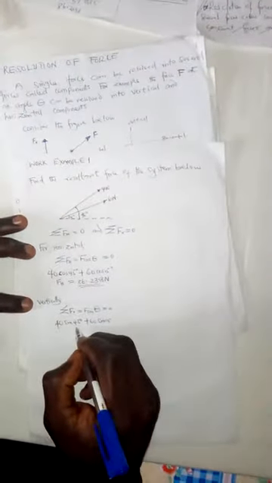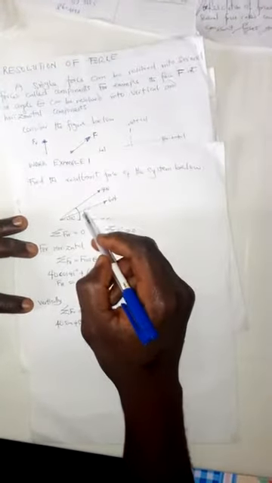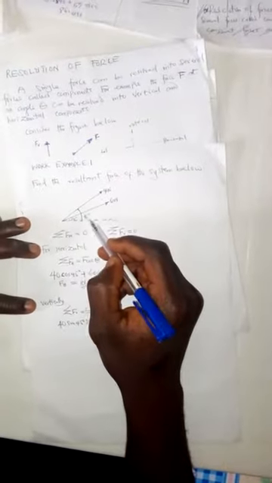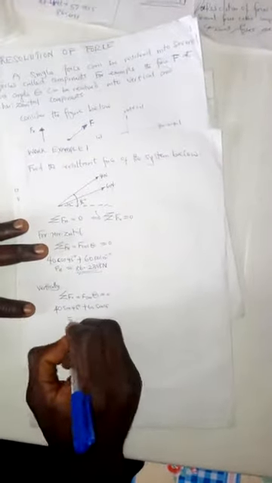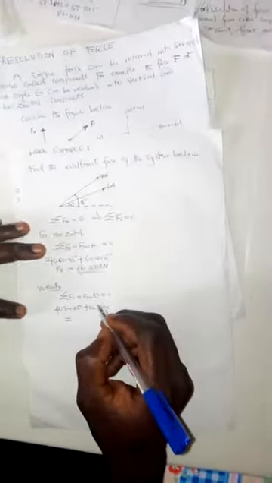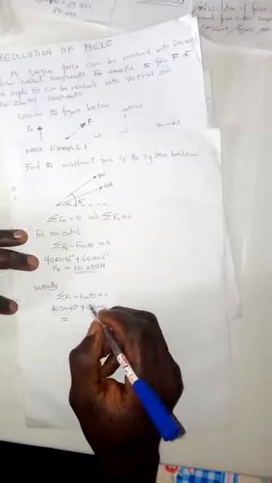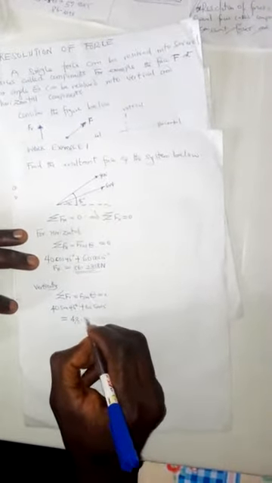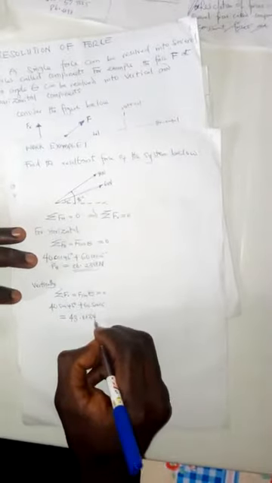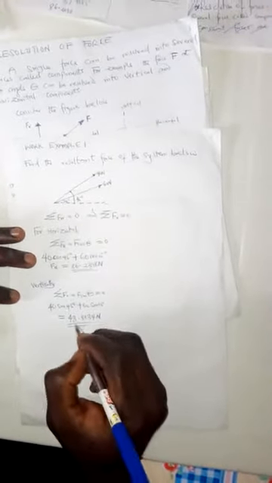For the vertical component, we're supposed to have 40 cos 45 and 60 sine 15. Pressing your calculator, you're going to have approximately 43.8134 Newton.